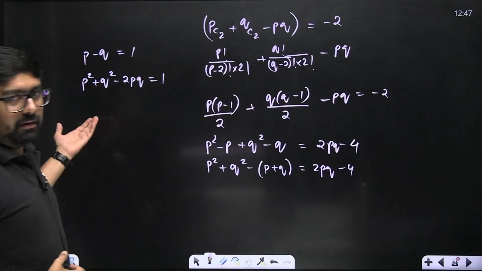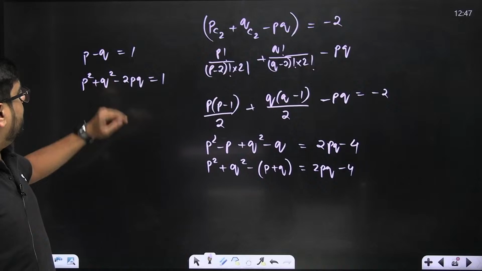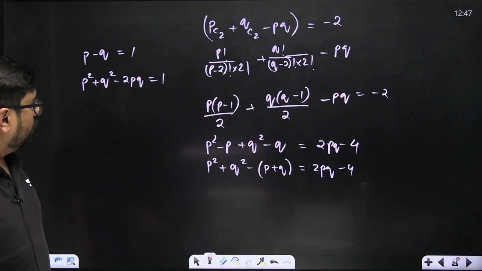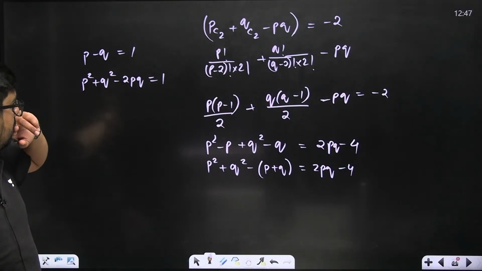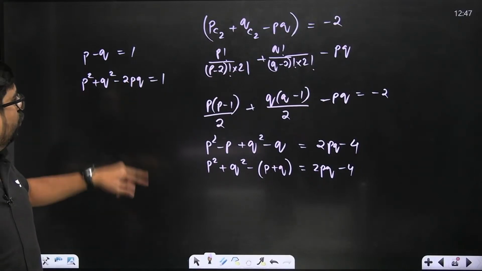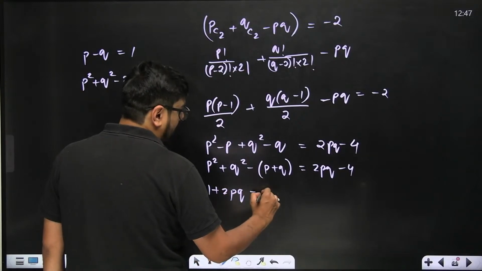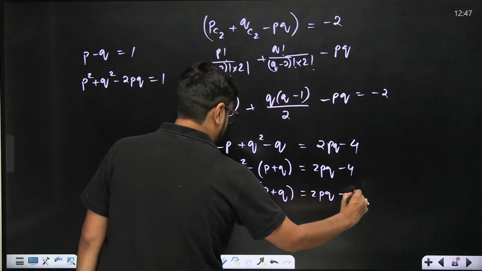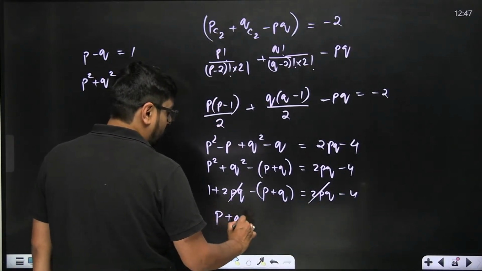The most naive way which I am telling you is that you find 2PQ. 2PQ will be equal to P square plus Q square minus 1, so instead of P square plus Q square, we can put 1 plus 2PQ. So 1 plus 2PQ minus P plus Q is equal to 2PQ minus 4. So this 2PQ is getting cancelled, and we are getting P plus Q value equal to 5.